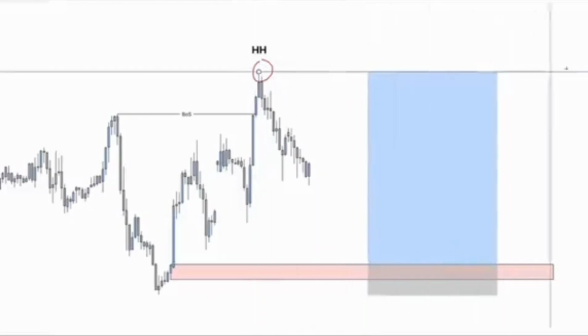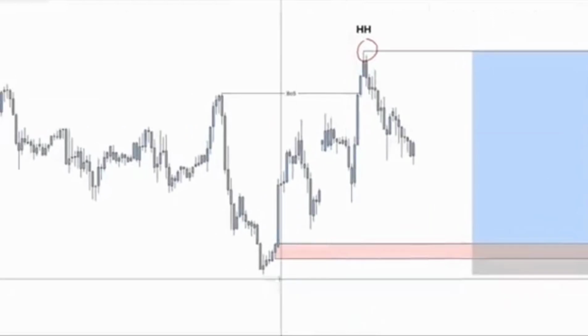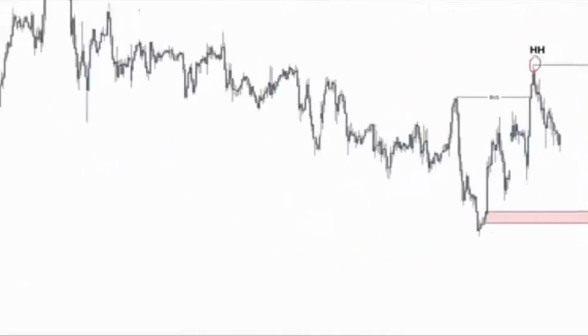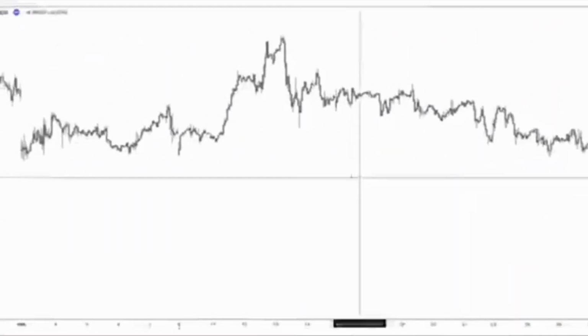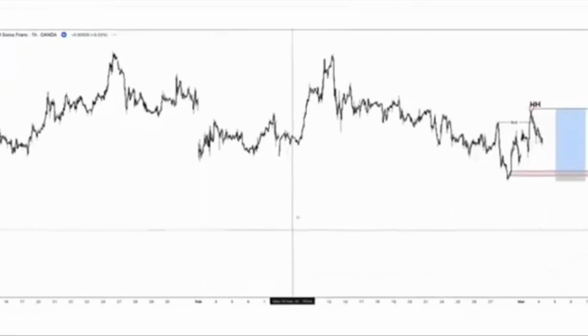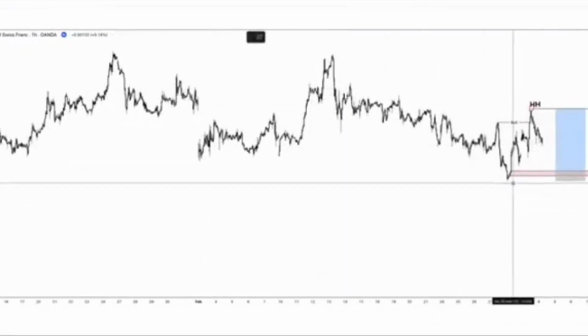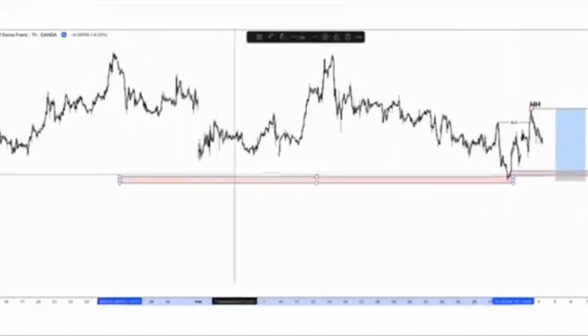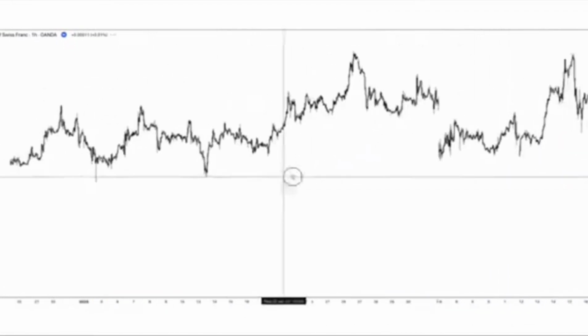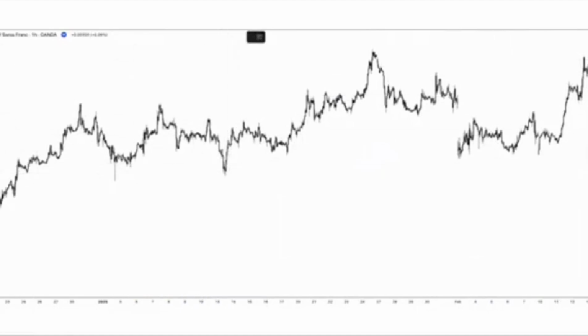Now, when you're taking reversal trades like this, and the reason that this one is a reversal trade, by the way, is that it doesn't really come from any significant areas, right? We're looking at a straight shift from downtrend into uptrend, and we don't have that same context that we had in NZD USD, for example, where this is coming from a demand zone. If we take a look to the left, we see some significant swing lows, and one of them is going to be just here.